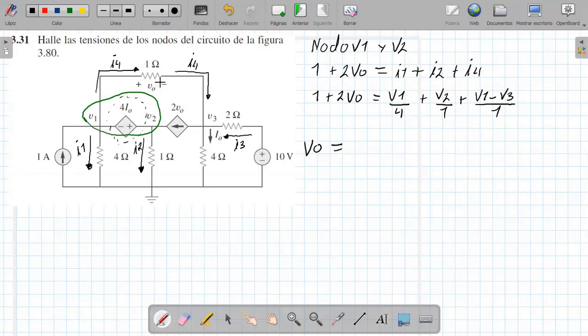The voltage that falls here is V1 minus V3 over 1 ohm. This is the current I4. If that is the current that passes through here, it is V1 minus V3 over 1.